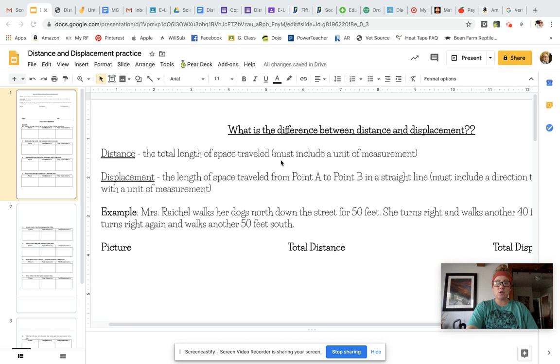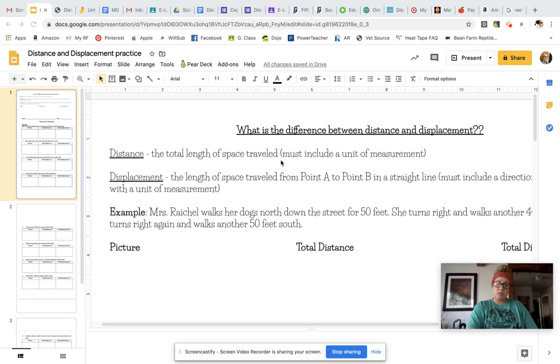So if you look on the screen, you should be able to see everything I'm reading to you, but we'll just review. So distance is the total length of space traveled, and it's going to cover basically just retracing that person or thing's steps from its starting point to its ending point, the total number of steps.